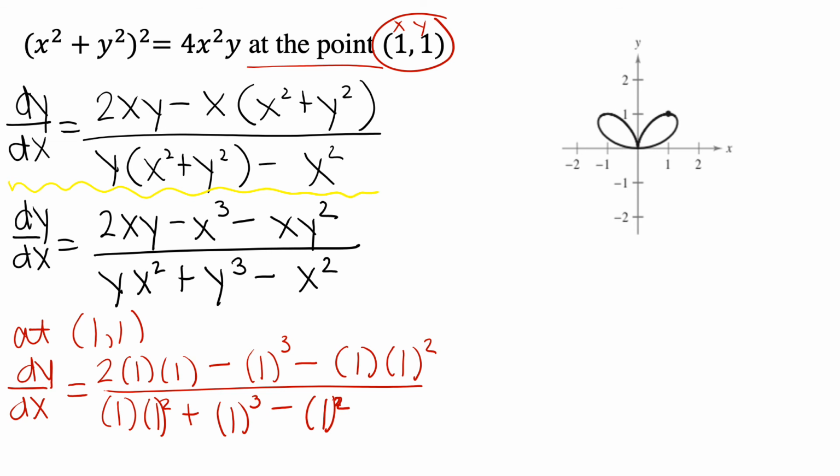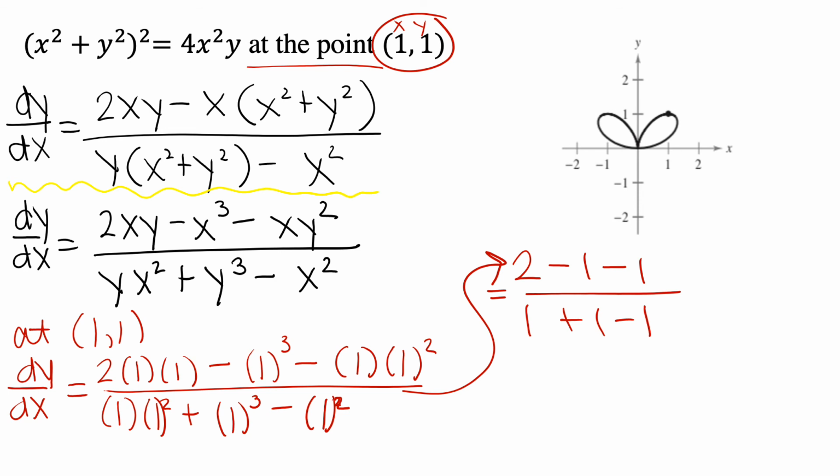There we go. This is going to take a little bit of patience. 2 times 1 is just 2. Minus 1 cubed is 1. Minus 1 times 1 is 1. Over 1 plus 1 minus 1. 2 minus 1 is 1, minus 1 is just 0, over 1, which simplifies all the way down to 0.